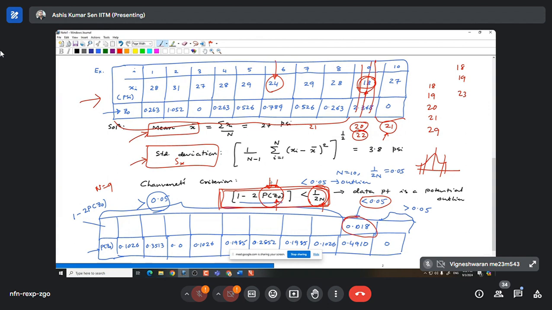So you need to recheck. In complicated data sets where the data points are very close by, and you need to really identify the outliers, you may need to go through this process multiple times.